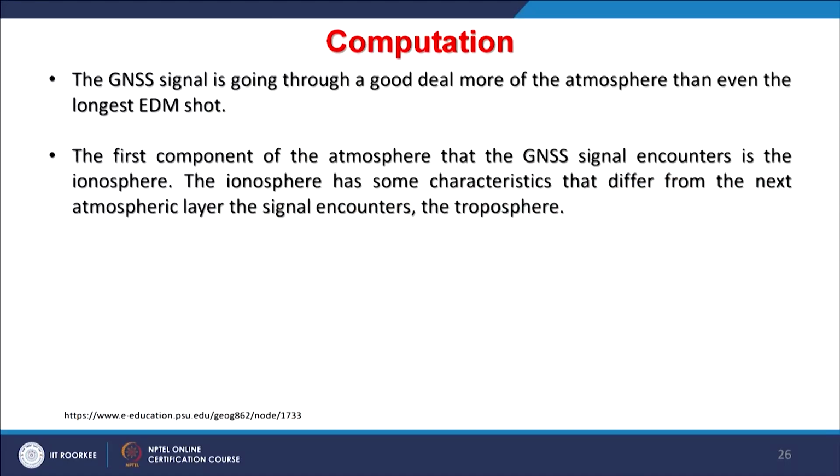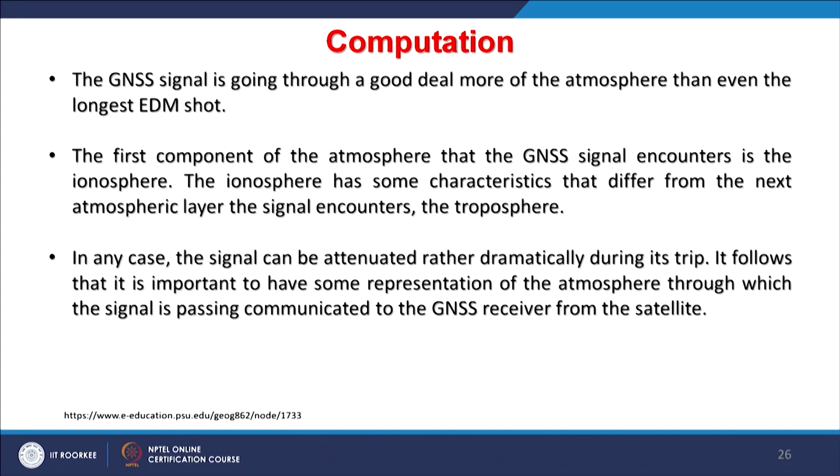The ionosphere has some characteristics that differ from the other atmospheric layer the signal will encounter, that is, the troposphere. So, different layers of the atmosphere will behave differently with these GNSS signals, and therefore they may add some delays in the signals.